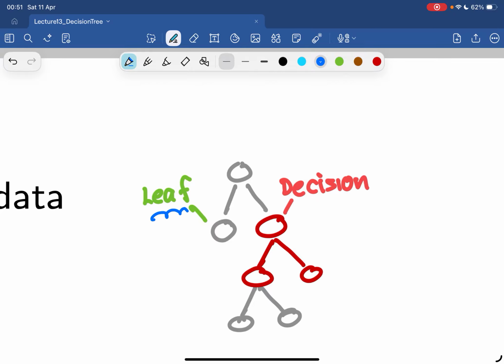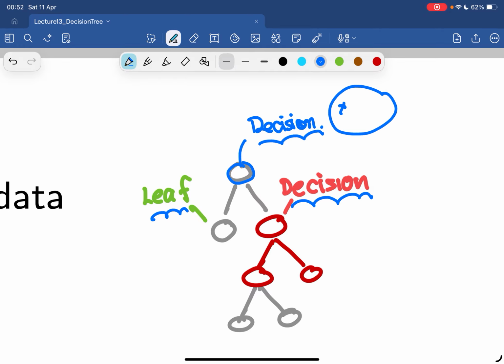One is leaf nodes, the other is decision nodes. The first one here is also a decision node. So firstly, when you have a set of training data and you want to find the regions, the first thing you do is make a decision, right?